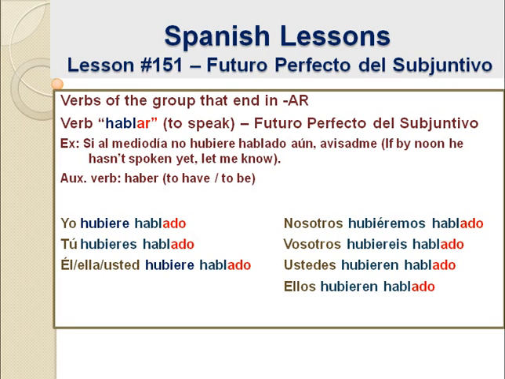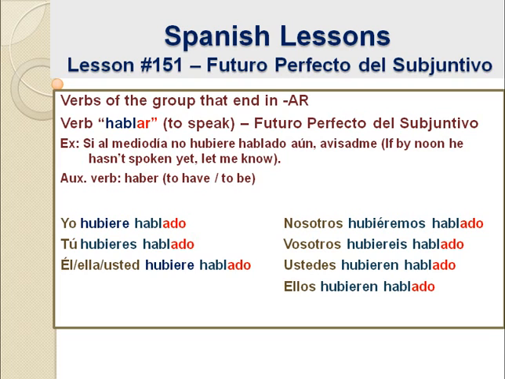Tú hubieres hablado. Él hubiere hablado. Nosotros hubiéremos hablado. Vosotros hubierais hablado. Ustedes hubieren hablado. And ellos hubieren hablado.